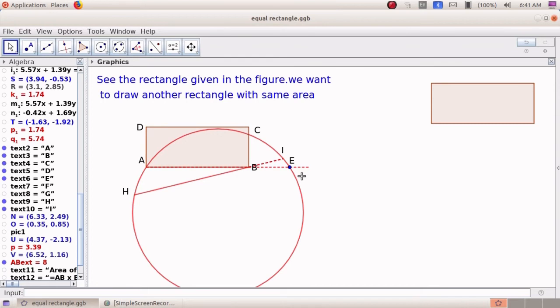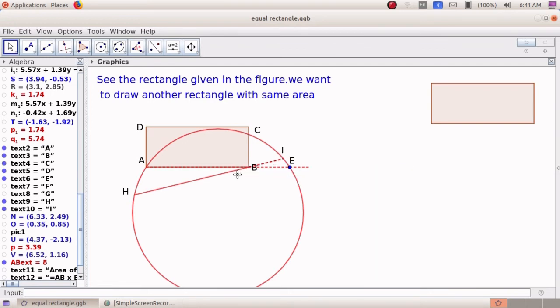And so, if we draw a rectangle with length BH and breadth BI, that rectangle also will have the same area as the initial rectangle. Then the only thing left is to draw a rectangle with length BH and breadth BI.